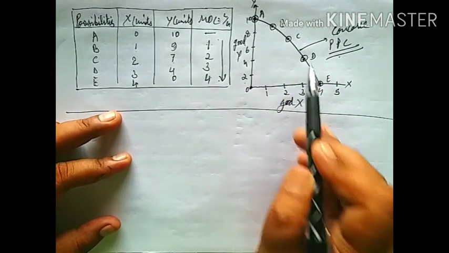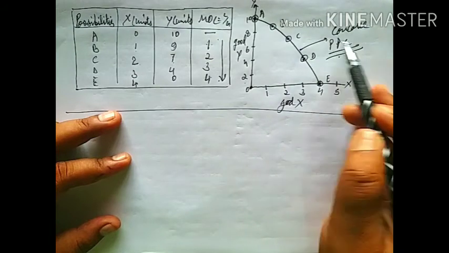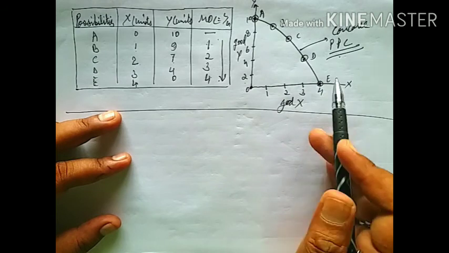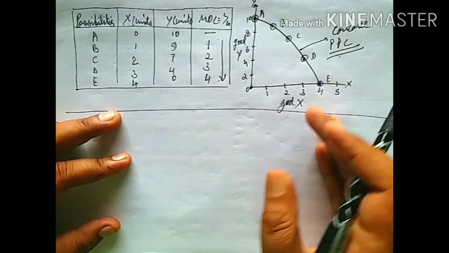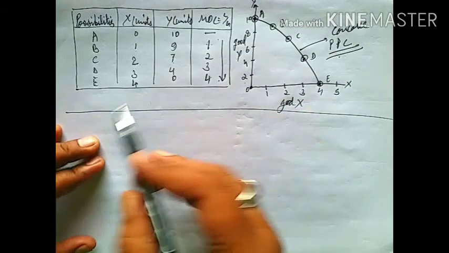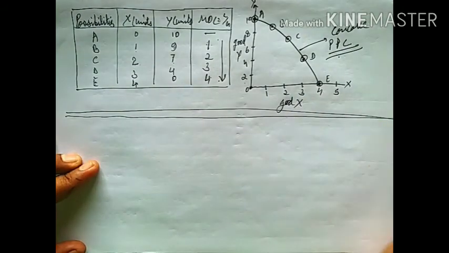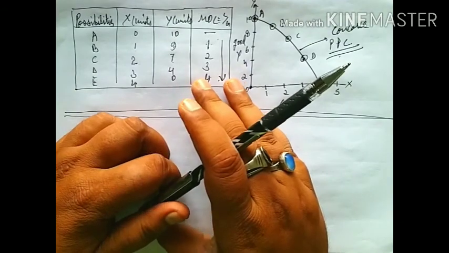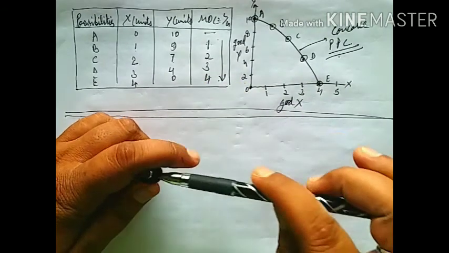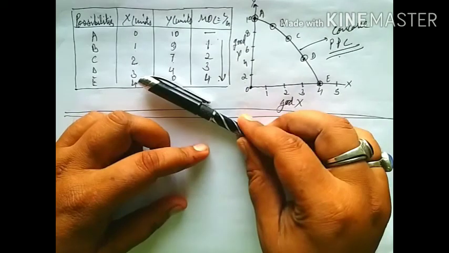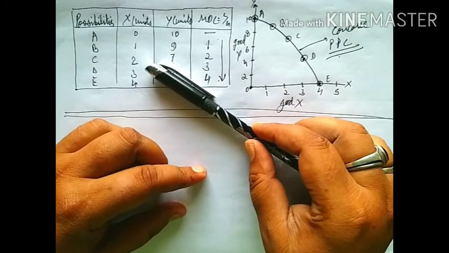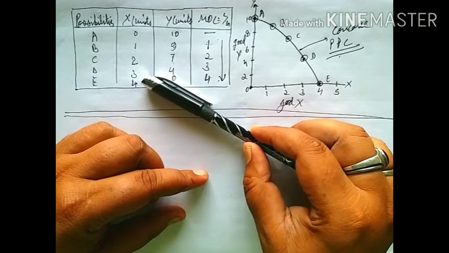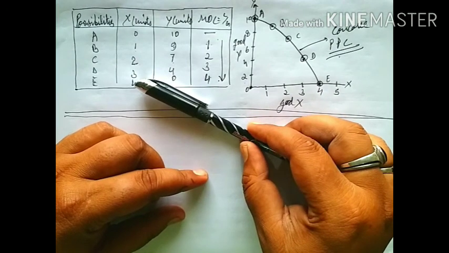Here AE is the PPC, which is concave in shape, implying that the rate of sacrifice is increasing. So students, today I finished the shape of PPC, and that's all for today's topic.